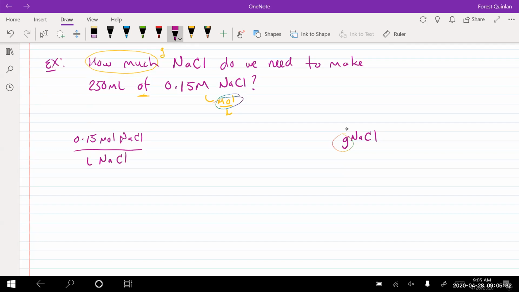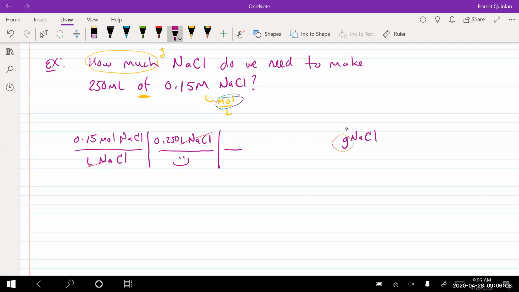And we can go about this one of two ways. I can either get rid of my liters first, or I can convert those moles to grams first. It doesn't matter. I'm going to go ahead and get rid of my liters because math is telling me, why don't I go ahead and multiply them? So hopefully it's not too much of a stretch to know that I have 0.25 liters of NaCl. Since that's the only thing I have to do, it's going to make me happy. Now all I have to do is get this moles to mass.